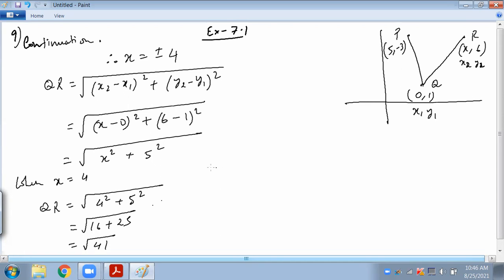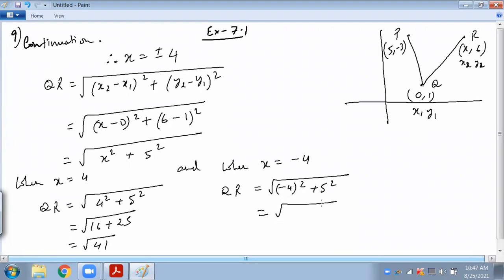Again, when x equal to minus 4, QR will be, instead of x, minus 4 square plus 5 square. So it will be root of 16 plus 25, so it is root of 41.